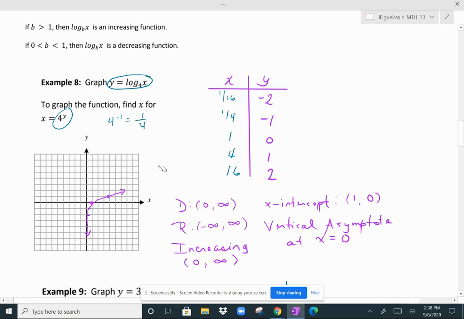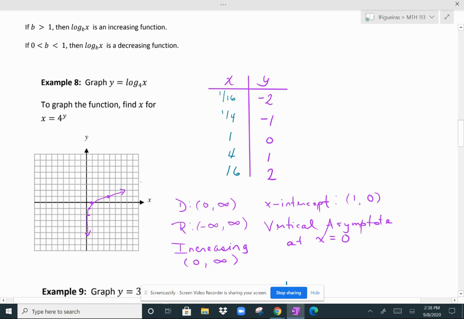Just to remind you of some of the things I mentioned above, the characteristics: your domain is all positive numbers, so your x's will always be positive. Your range, if you look at the graph and read it from bottom to top, goes from negative infinity to infinity. This part is going towards negative infinity and keeps increasing all the way to infinity, so your range is all real numbers.